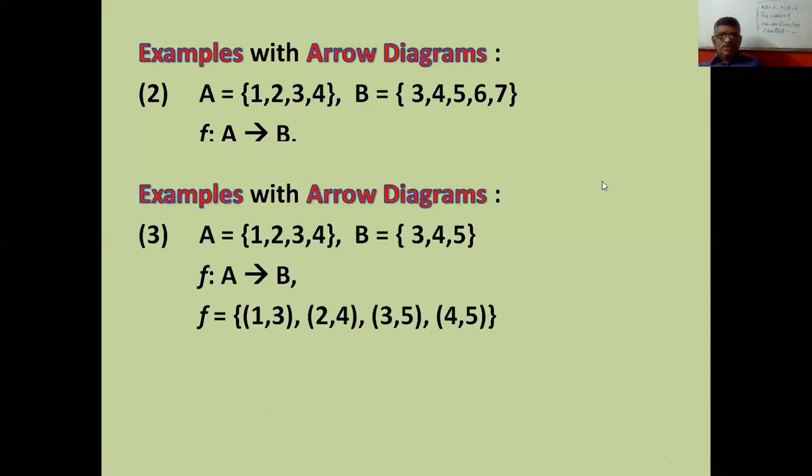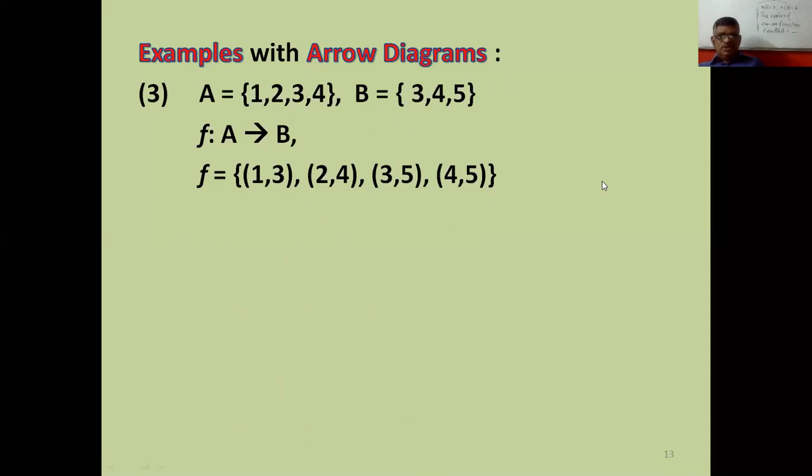Now you tell me this. What kind of function? 3 and 4 have the same image. Image of 3 is 5. Image of 4 is also 5. So many one. Codomain is P, that is 3, 4, 5. 3 is here, 4 is here, 5 is here.